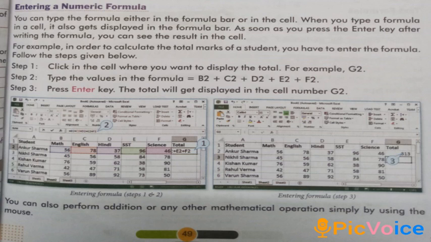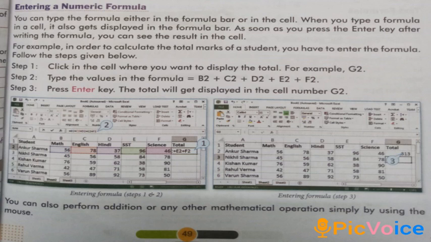Step 1. Click in the cell where you want to display the total, for example, G2. Step 2. Type the formula equal to B2 plus C2 plus D2 plus E2 plus F2. Step 3. Press the enter key. The total will get displayed in cell G2.